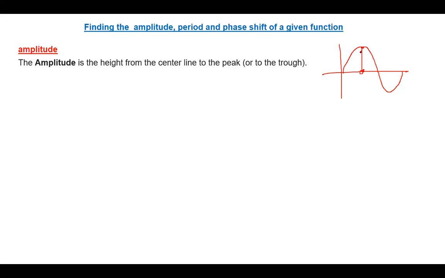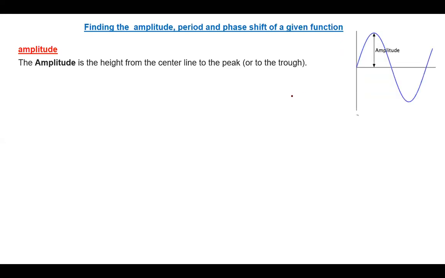So this is going to be your amplitude. You can be given a positive amplitude, it doesn't matter, but just know that the same positive number is positive and negative at the same time. So the distance from the center line to the peak is the amplitude.